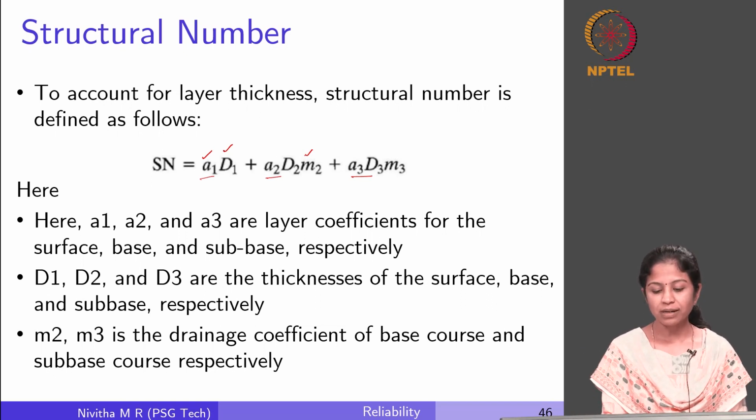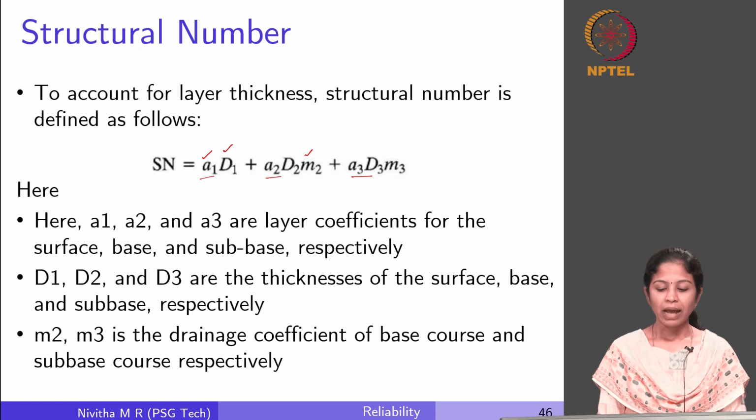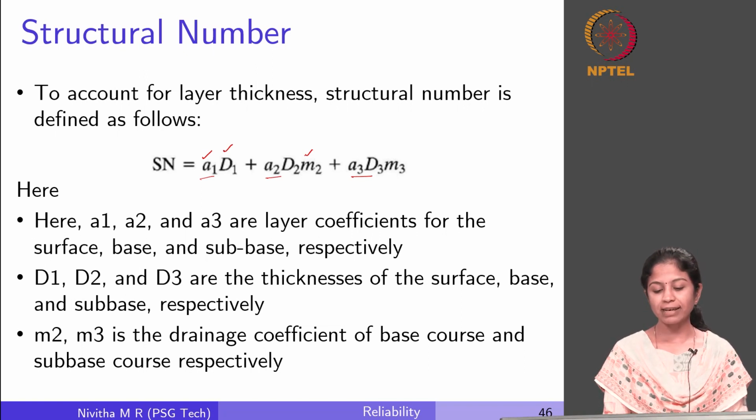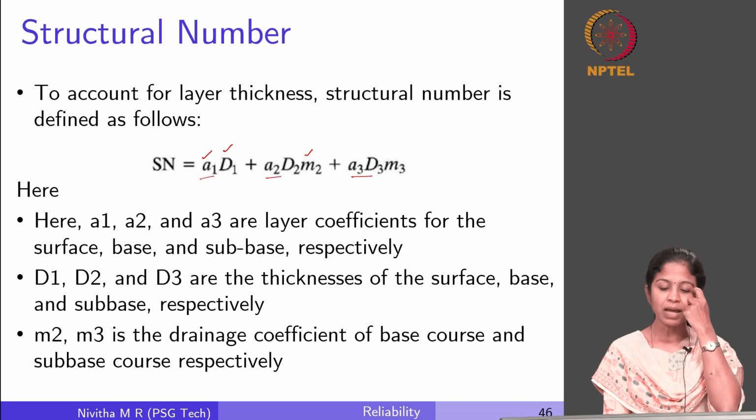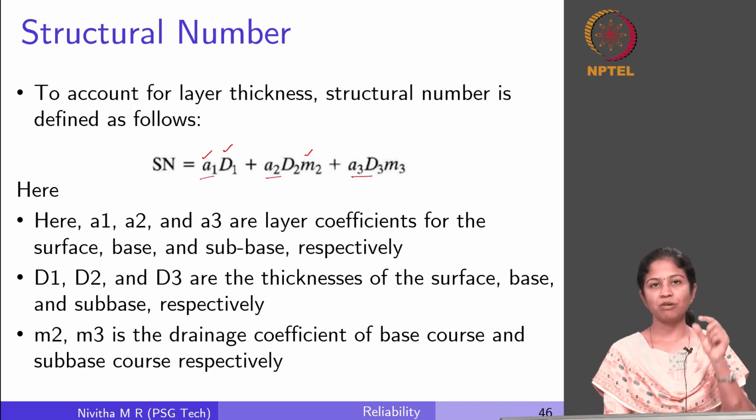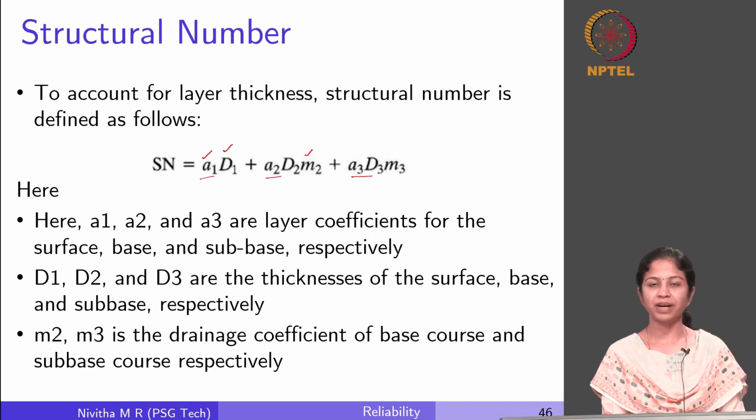So, now if you look at it, we have a constant A1 for the surface layer, A2 for the base layer and A3 for the subbase. And what are D1, D2, D3? They are thicknesses of each of these layers, surface, base and subbase. So, if I multiply thickness into load carrying capacity per unit thickness, I will get the load carrying capacity of that particular layer for the specified thickness.